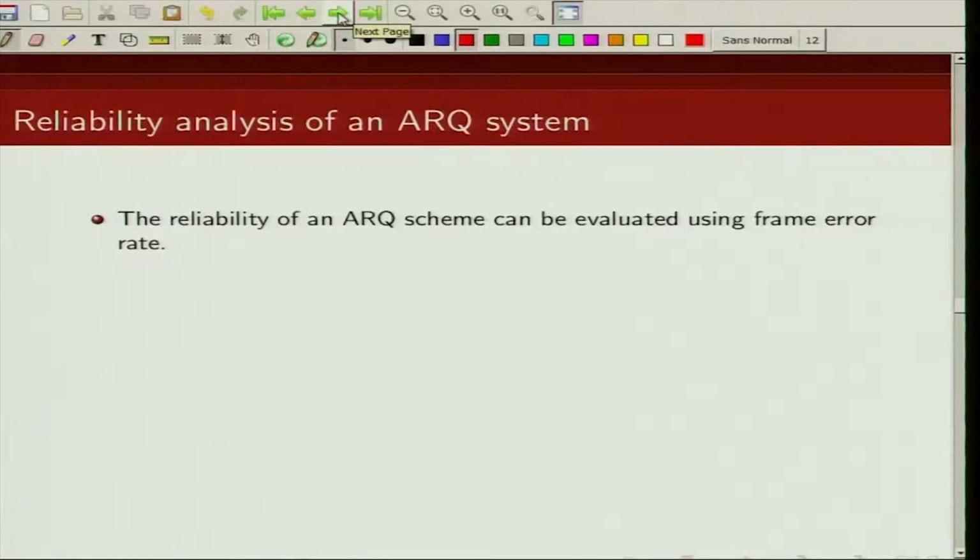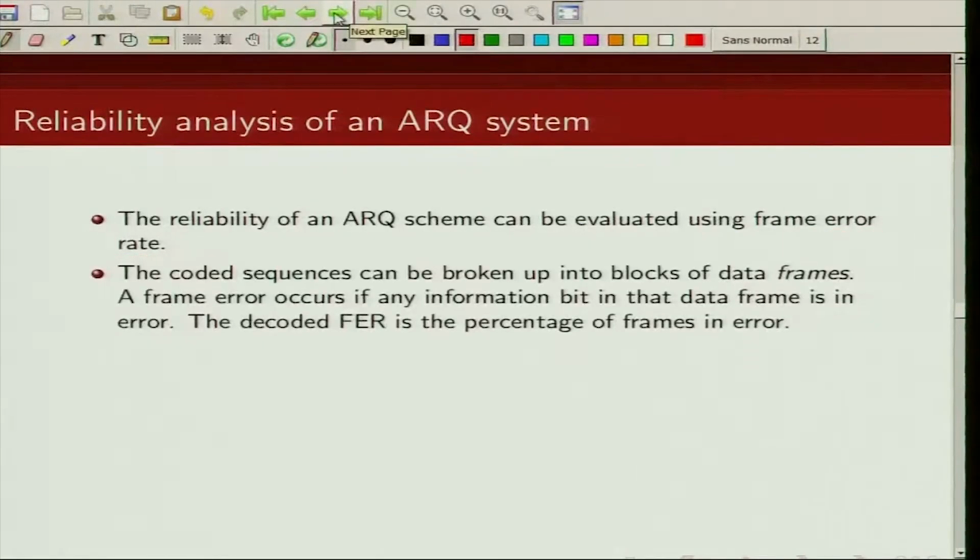So now we are going to talk about performance evaluation of these ARQ protocols. The first thing that we are going to talk about is reliability of these ARQ schemes. How can we evaluate the reliability of these ARQ schemes? We can evaluate their reliability using frame error rate. When you send a packet and the packet is received in error, we say the frame or the packet is in error.